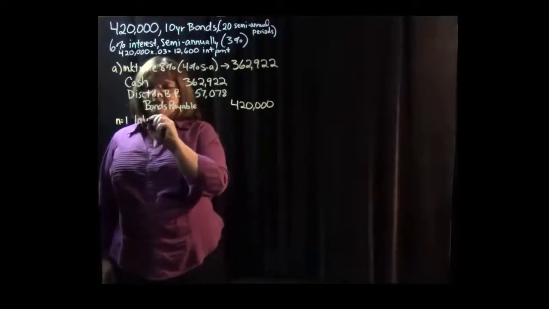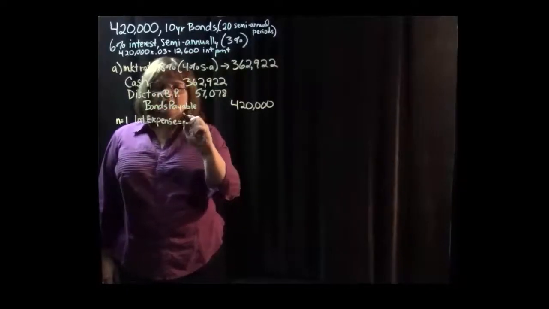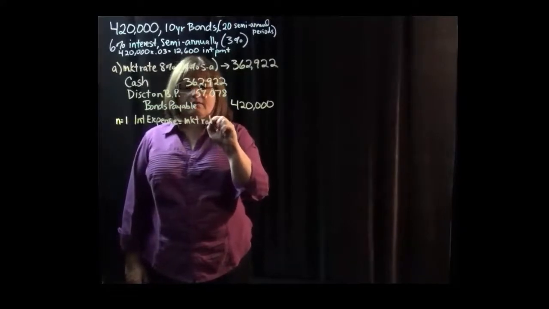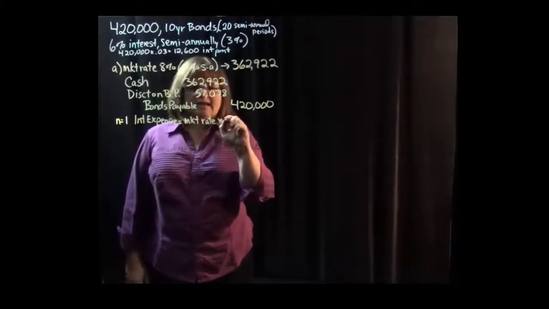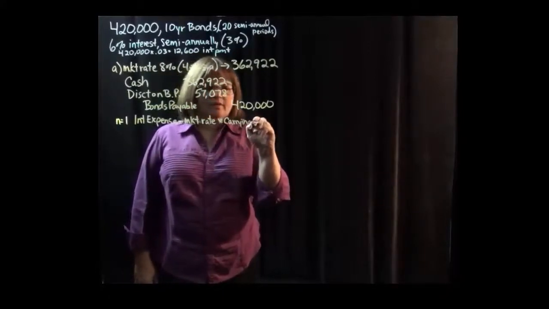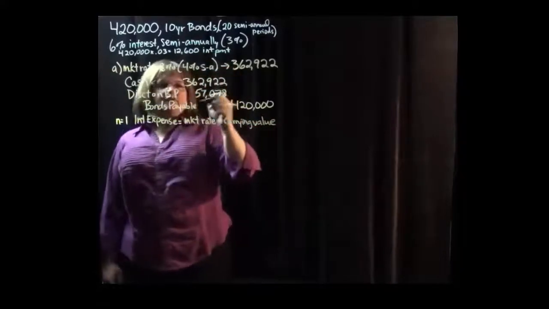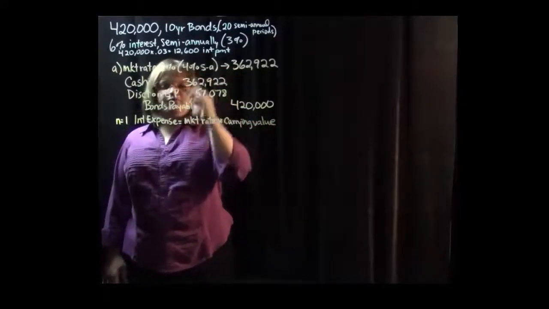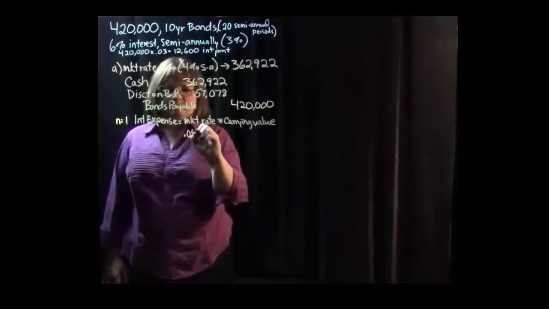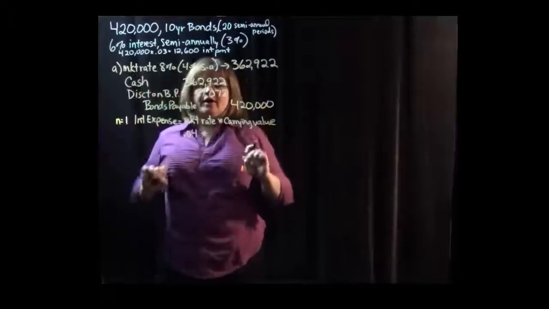And interest expense is calculated as the market interest rate times the carrying value of a bond. In this case, then, we would take the market rate of 4%, and we would multiply it by the initial price of this bond.